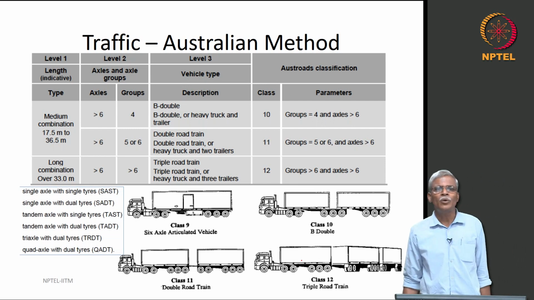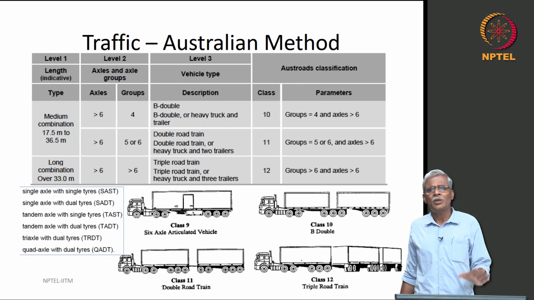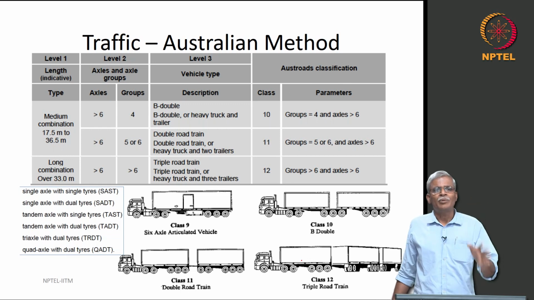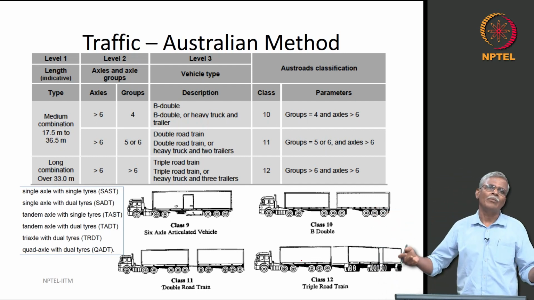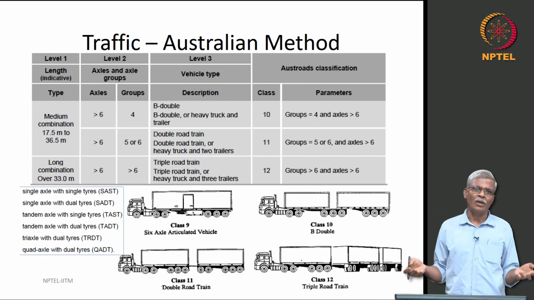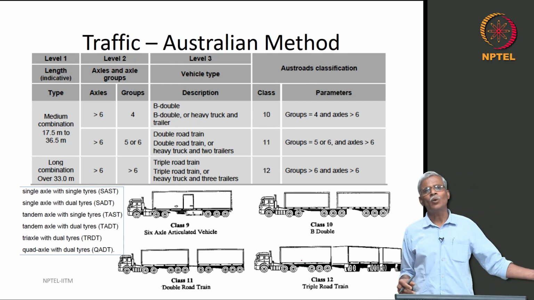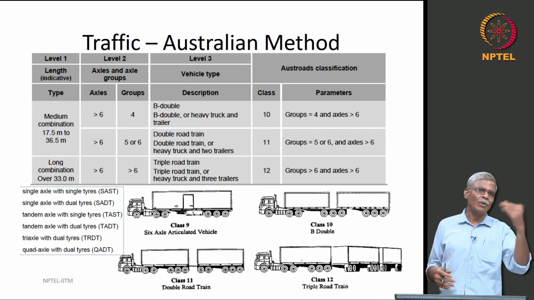So, now what we are going to do is to talk about the traffic, and similar to what I have mentioned earlier, the pavement design guidelines, pavement design code should always integrate the actual traffic for which it is being designed. Okay. So, what we have in India is the IRC 3 is standing outside of IRC 37, it should be an integrated part of it.